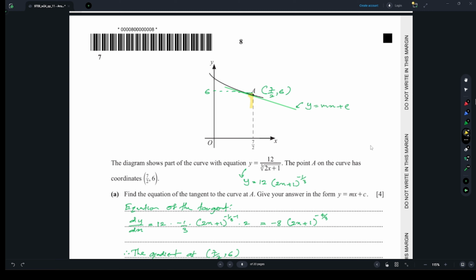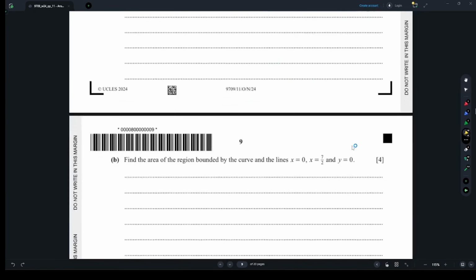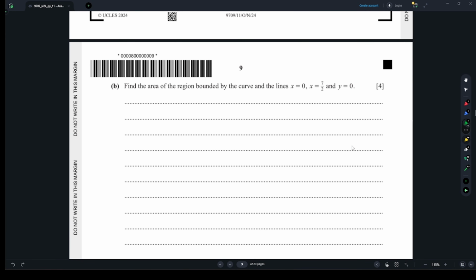So we can find it easily. We have to use the integration knowledge, right? So area under curve, A equals integral of y dx. Okay, so we have to find from x equals 0 to x equals 7 over 2.